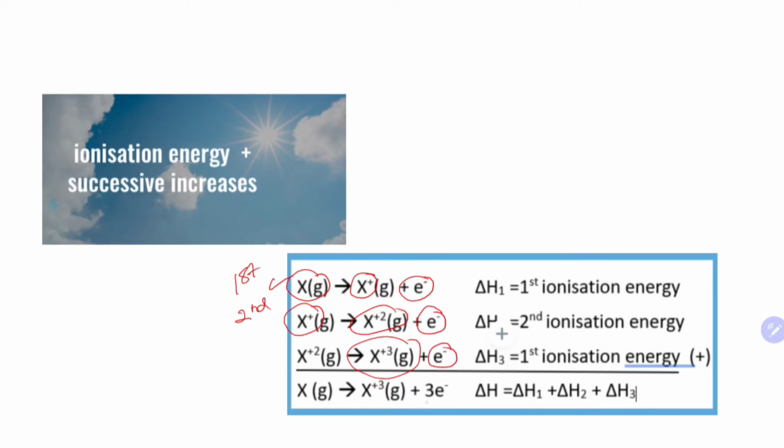That's the third ionization energy. If we sum here, we have 3 electrons released. That's what we mean by successive ionization energy.